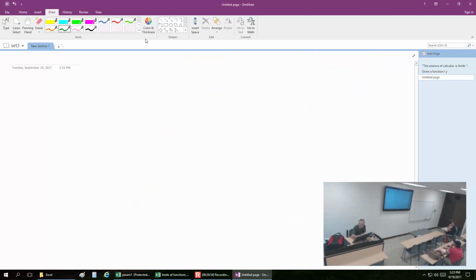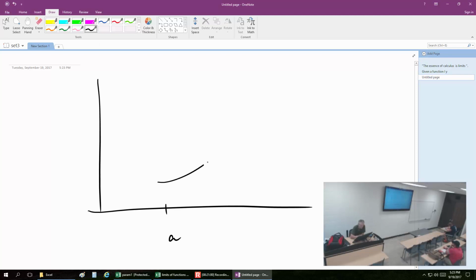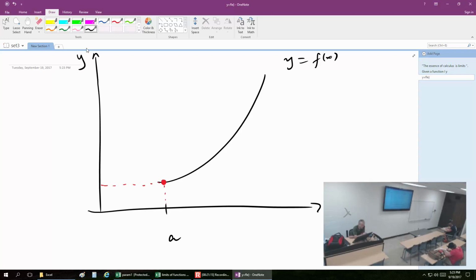So if I make a bigger picture, suppose this is my point A, and this is my function y equal f of x. Then 1 point is not going anywhere. This is A, and this is f of A.